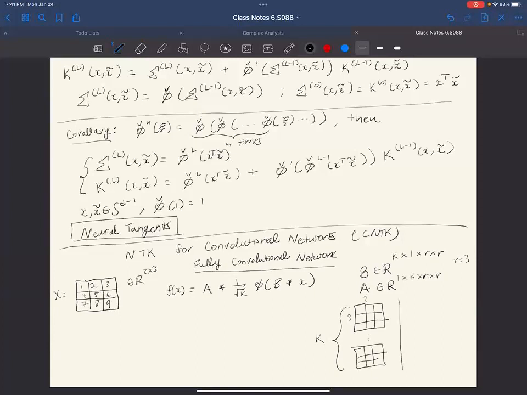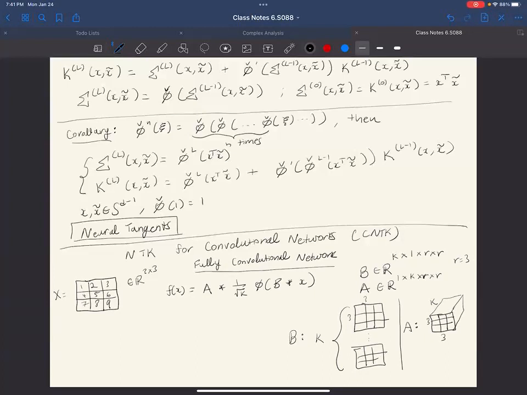And A is going to be one giant filter, which has a volume. So it's going to be a stack of depth K. And you have these 3 by 3 filters running down this long horizontal stack.